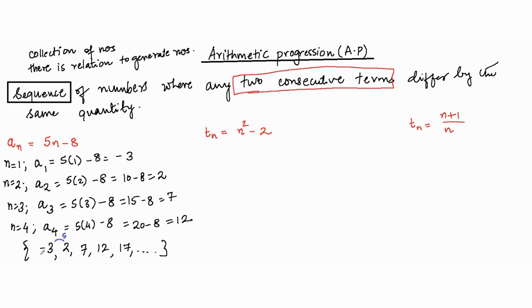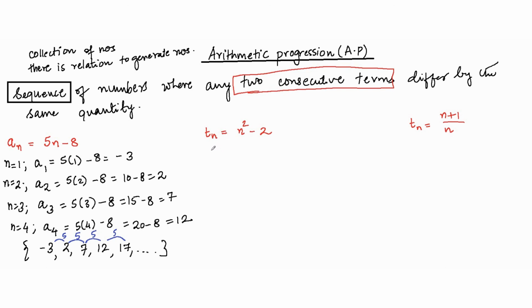So 2 minus of minus 3 is 5. The difference between the third term and the second term is also 5. 12 minus 7 is also 5, and 17 minus 12 is also 5. So you will notice that this difference remains constant, which is equal to 5, and hence I can say that this sequence is an AP.